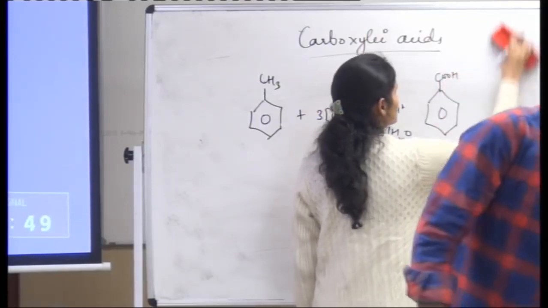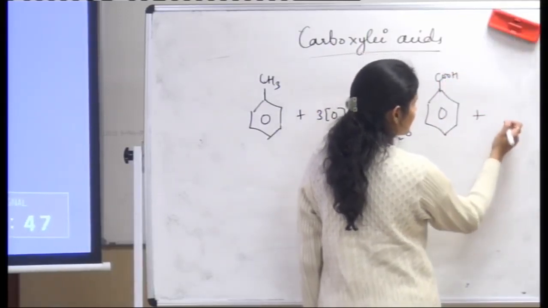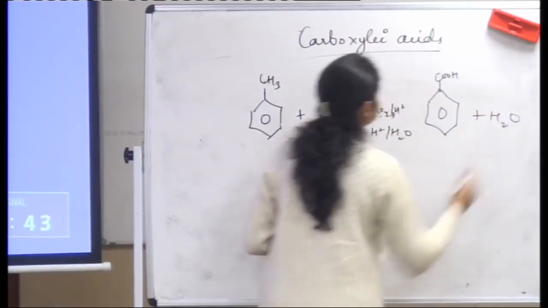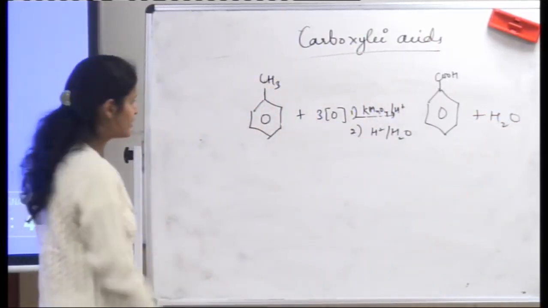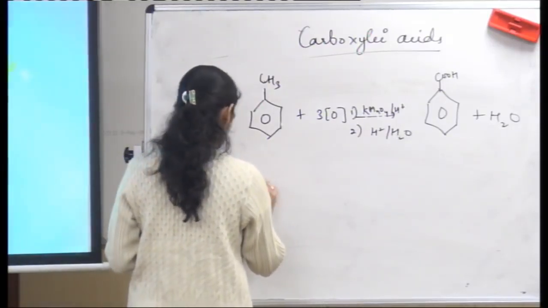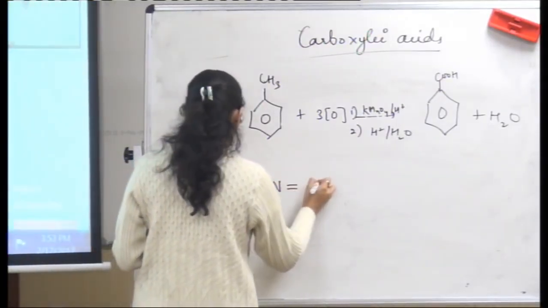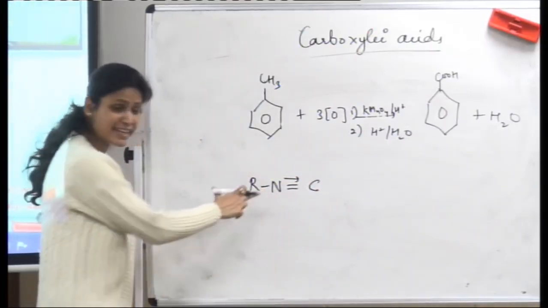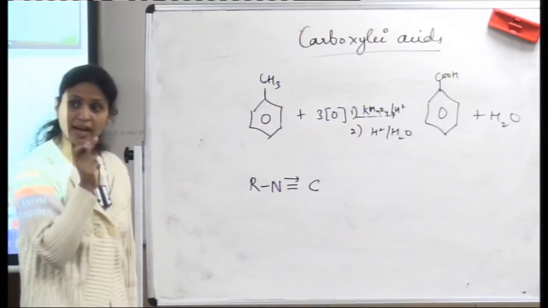This is the first basic acid among the aromatic carboxylic acids. What should be the side product? H2O, right? Similarly, I can use RNC. Is this a cyanide group or an isocyanide group? Isocyanide group.